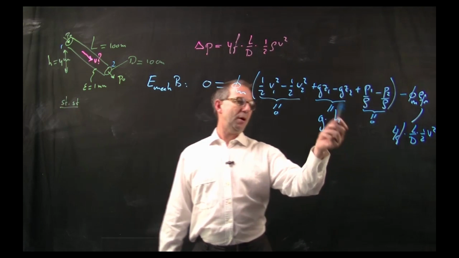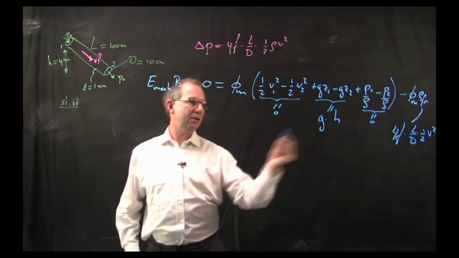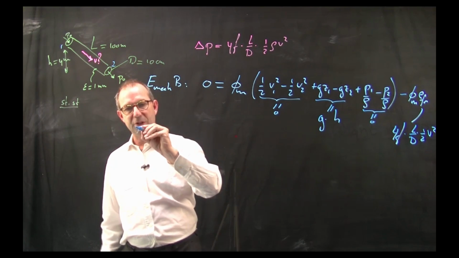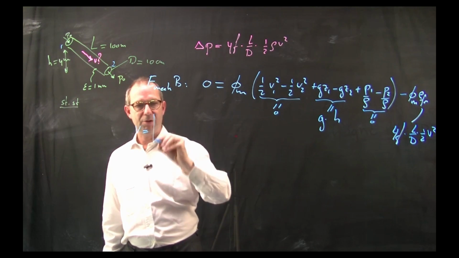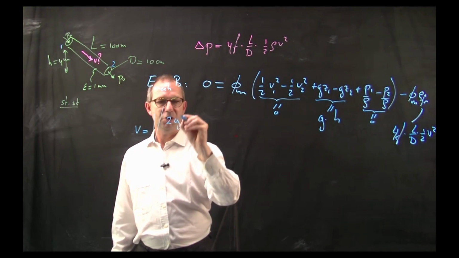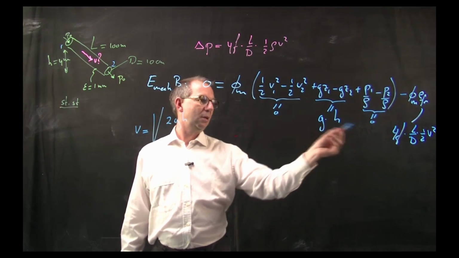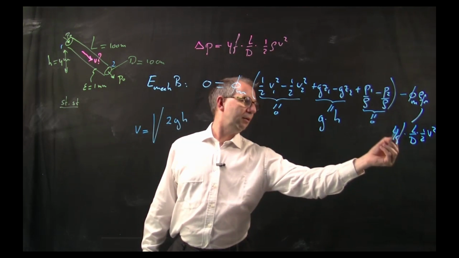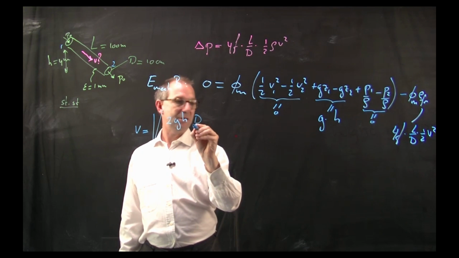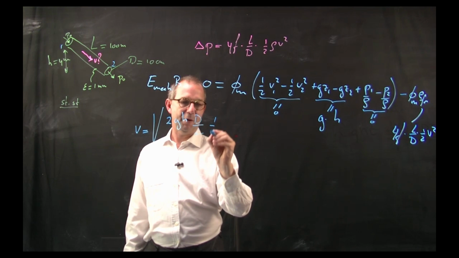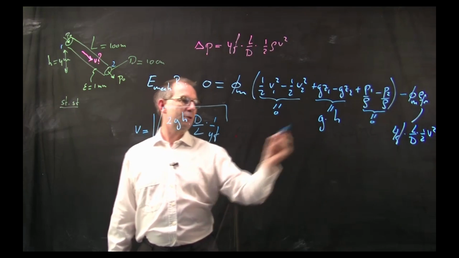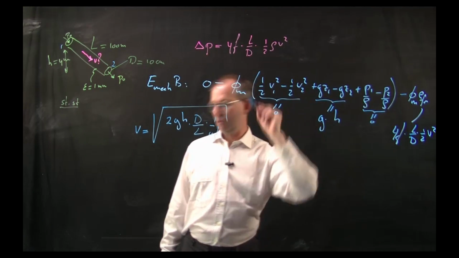Okay, so now I need to solve this equation and I can back out the velocity formally written as v equals the square root of 2 times gh divided by 4f times L over D. It's just equating these two because the phi's drop out.